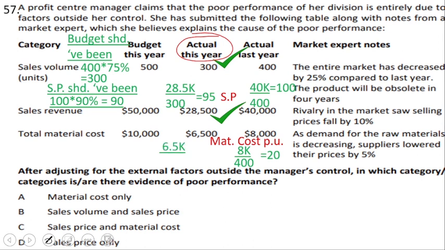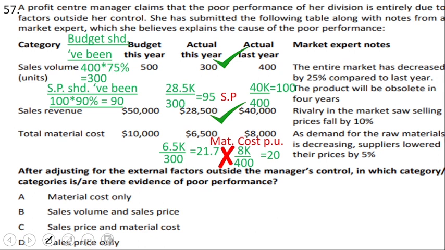Actuals is 6,500, which is the material cost in dollars, divided by 300, that's the number of units. So the material cost per unit works out to 21.7. But they have said that the suppliers lowered their prices by 5%. So material cost per unit increasing compared to the previous year is not an acceptable figure. It's an indicator of poor performance.